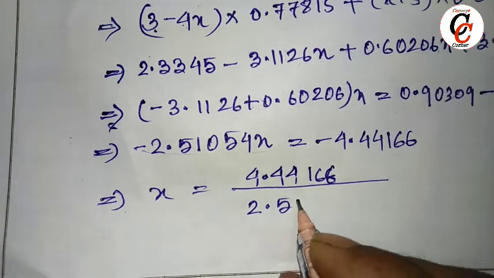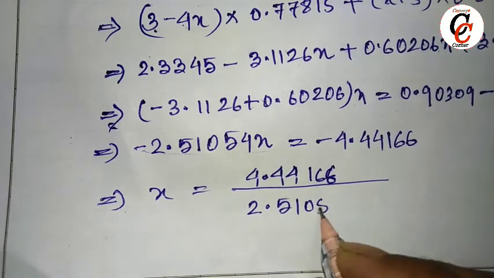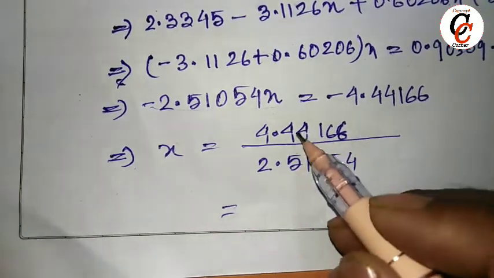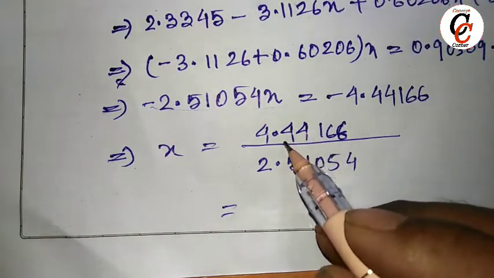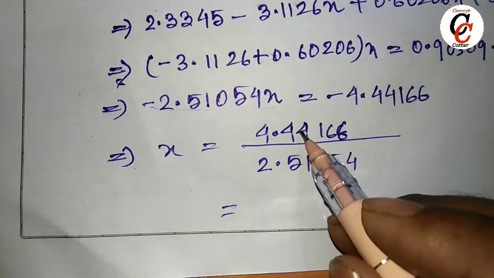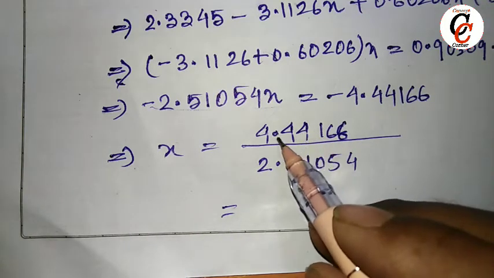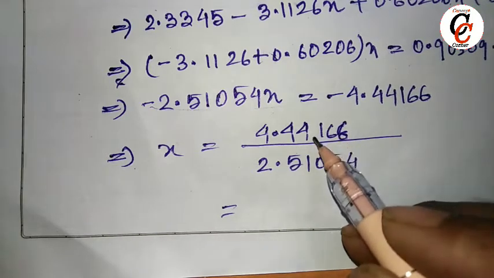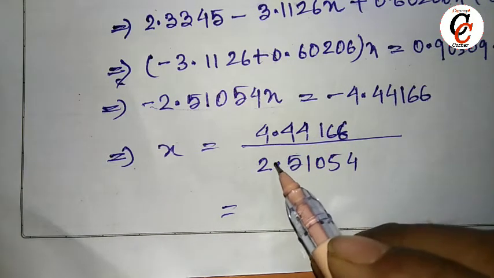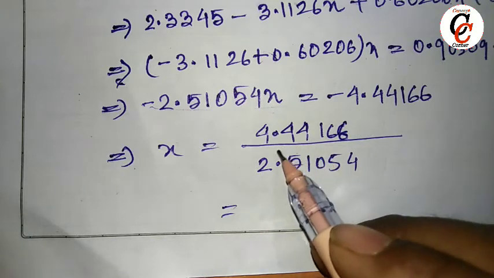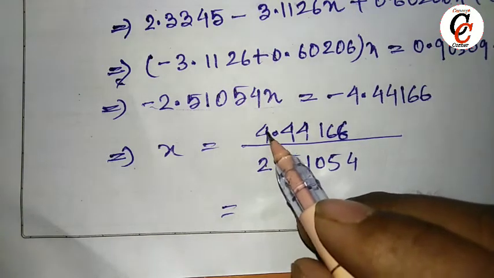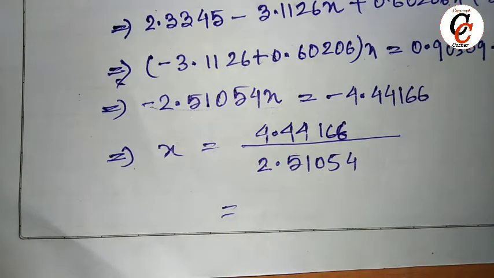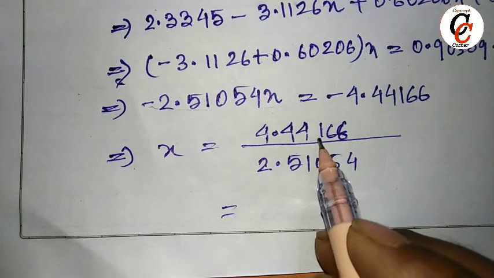So we need to find the value of x. The minus sign is cancelled from both sides. x is equal to 4.44166 divided by 2.51054. After dividing, since in the decimal part 0.4 and 0.5 are very close, we can assume they are equal.